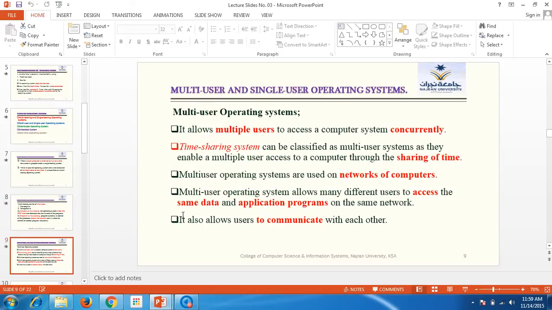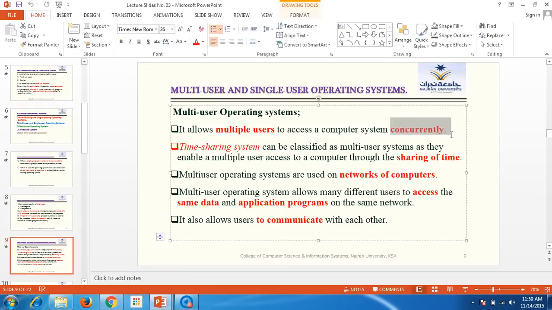And in multi-user and single-user operating systems, as the name shows, a multi-user operating system allows multiple users to access the system concurrently. Time-sharing systems are classified as multi-user operating systems, and multi-user operating systems are also used on networks of computers.